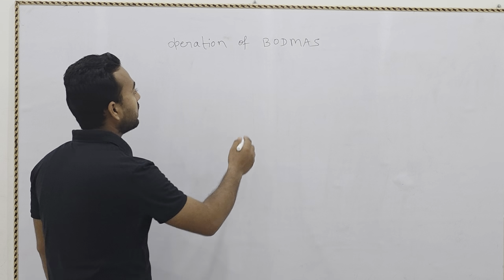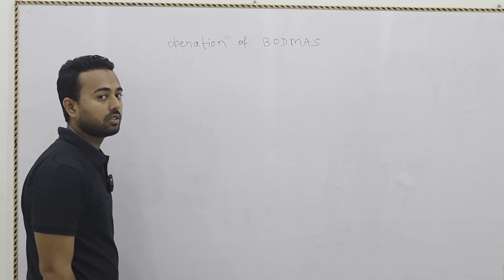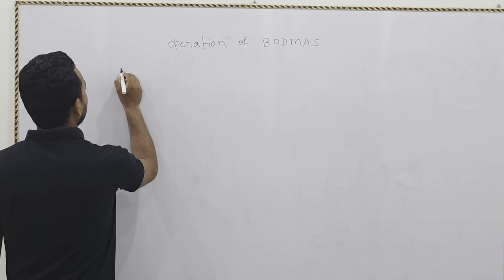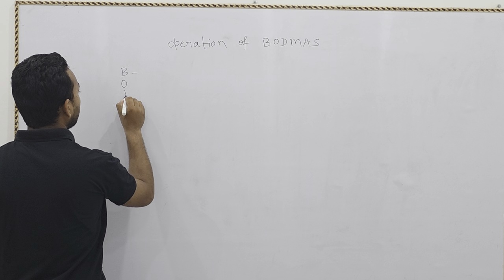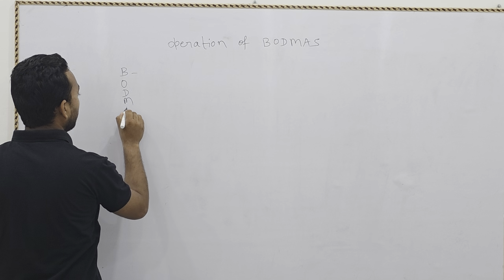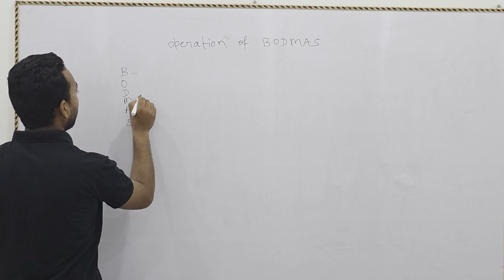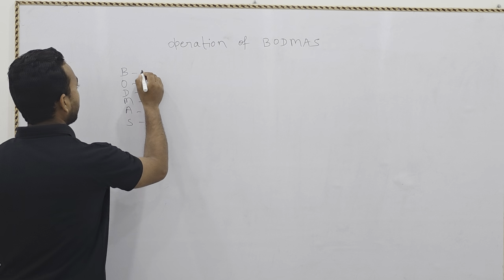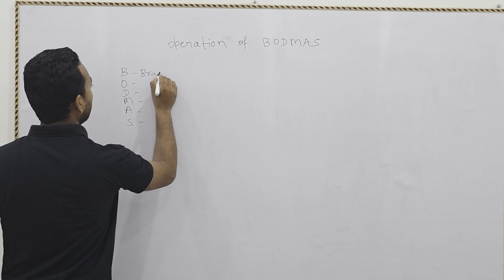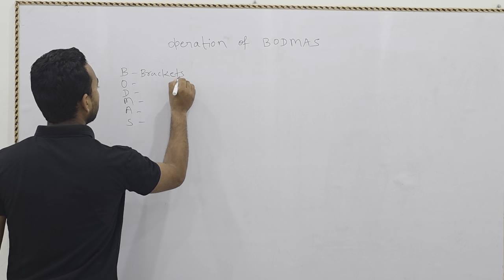For that we have to understand what is the full form of BODMAS. Here we can write B O D M A S. Here B stands for what? B stands for bracket.